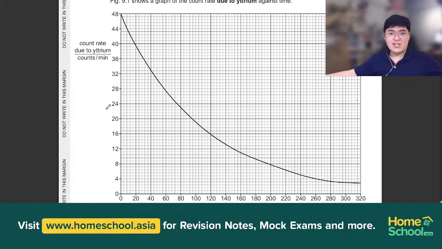Count rate due to yttrium is in counts per minute. From the start we have 48, right? 48 counts per minute is the initial. At half-life, the count should be halved. So at half-life, the number should go down to 24, because 48 divided by 2 is 24.